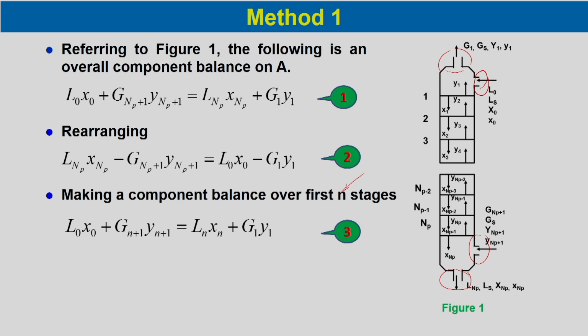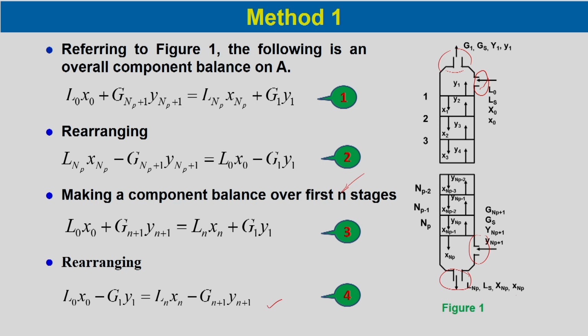So, this is equation 3, and if we rearrange in a similar way as we have done before, we will have L naught x naught minus G 1 Y 1 would be equal to L n x n minus G n plus 1 into Y n plus 1.